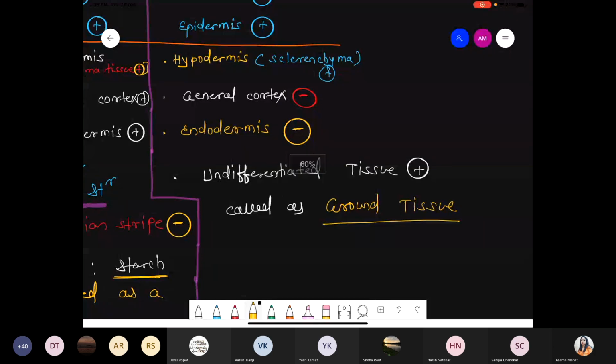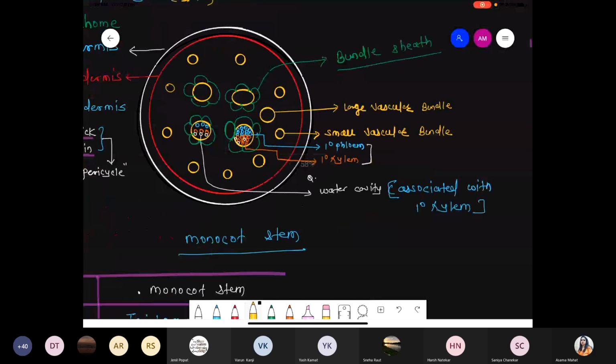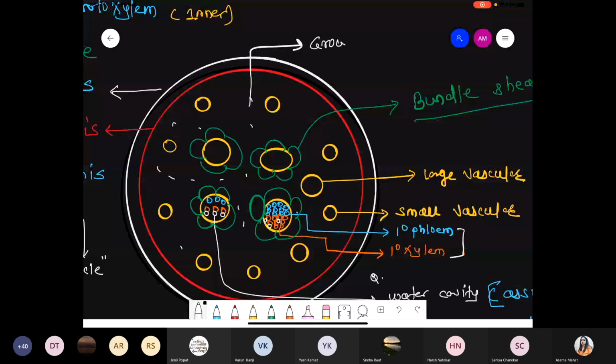If you want to draw a diagrammatic representation for the ground tissue, you can draw it here. Wherever the surrounding cells are present, and everywhere there are empty places, all these you can represent as undifferentiated tissue, and such tissue is simply called ground tissue. Because when we talk about the cortex, it has some specific kind of structure. When you talk about the hypodermis, there also there will be a structure. When you talk about the endodermis, it again has a specific type of structure.